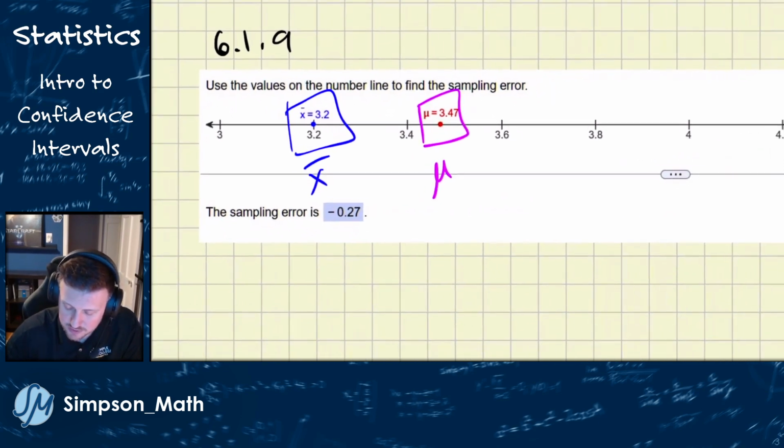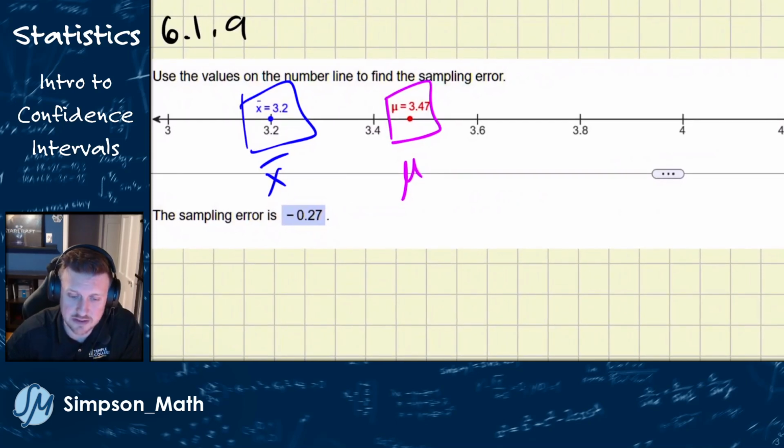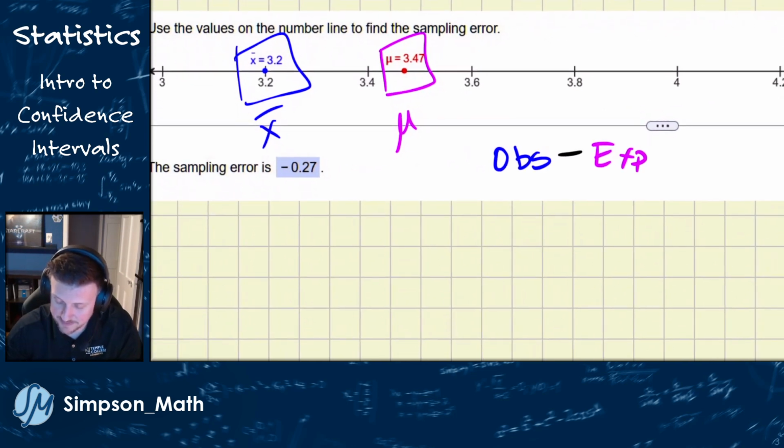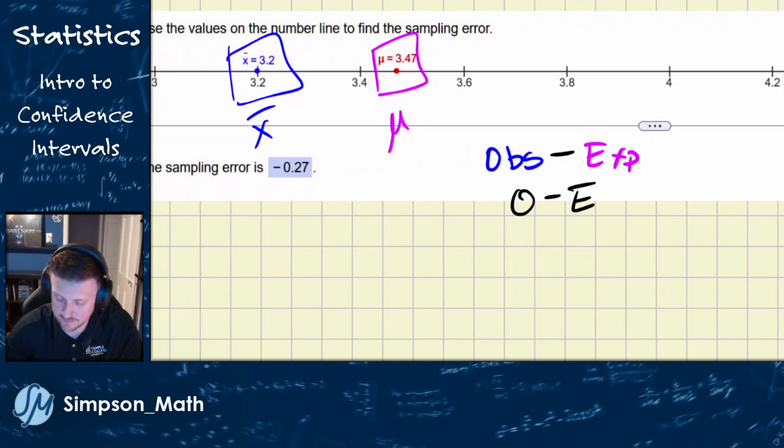So all throughout this course, especially when you were learning about standard deviation and z-scores, we're seeing how we had the difference in what we were observing minus what we're expecting. So I abbreviate that as observed minus expected, or just in general, O minus E, what I'm observing minus what I'm expecting.